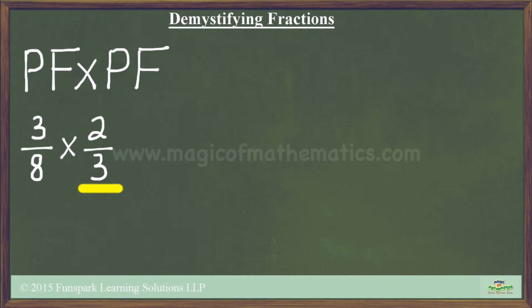Let us assume that this is the quantity of chocolate that a normal person can consume. Let us assume that there is a person who is capable of consuming only 3/8 of the quantity that a normal person can consume. We can see that 3 by 8 times 2 by 3 is the quantity of chocolate that this person can consume.